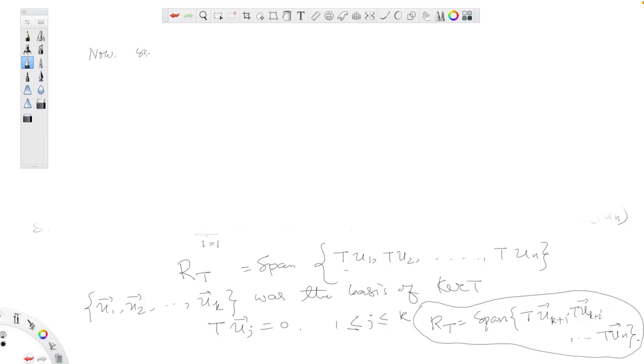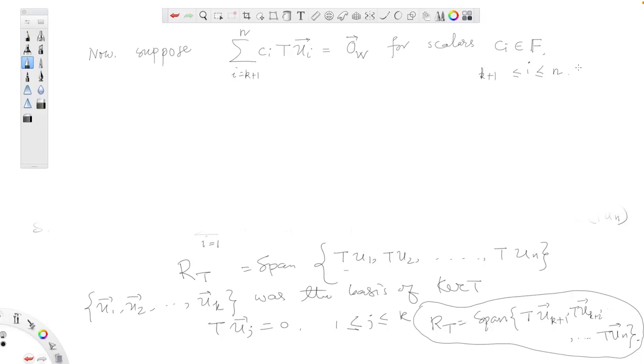Suppose the sum of the terms Ci T Ui, as i runs from k plus 1 to n, is equal to the zero vector of the vector space W, for scalars Ci in the ground field F, where i is between k plus 1 and n.